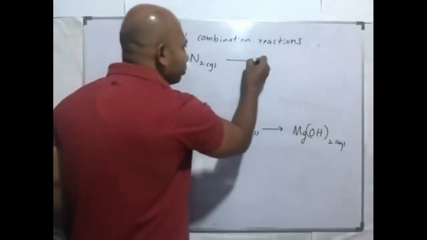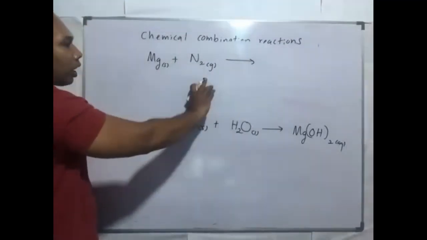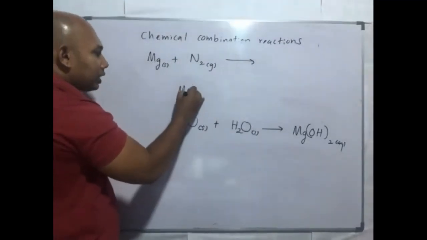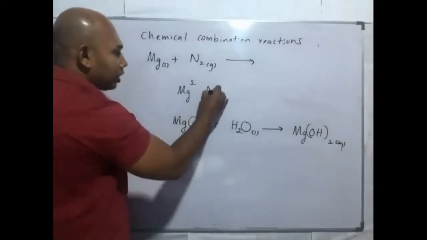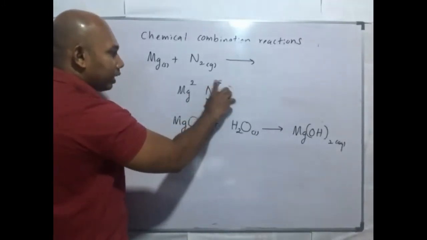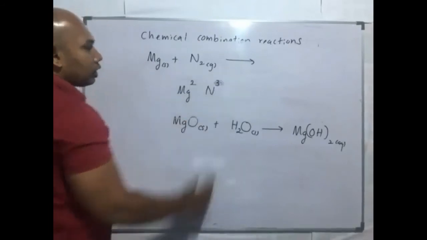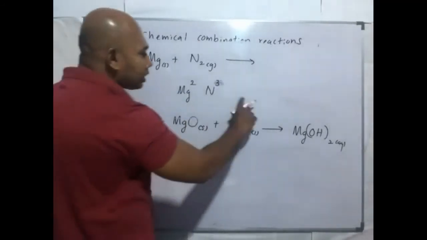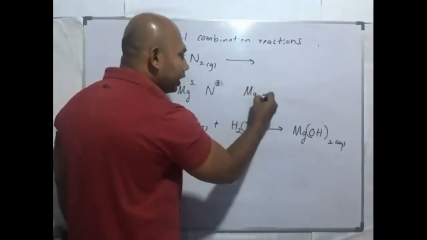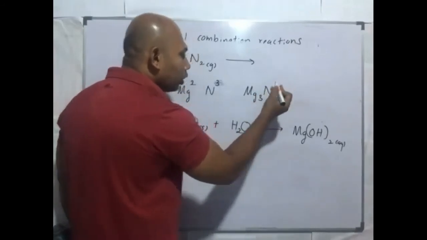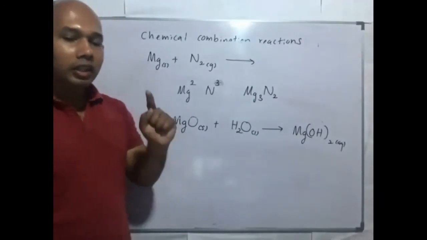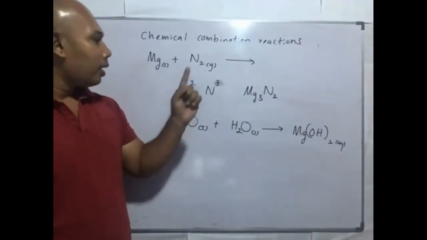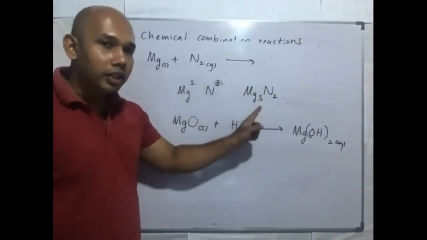Then it forms a product. Magnesium, what is the valency? Second group, valency 2. Nitrogen, fifth group, valency 3. So we have to exchange the valency. What is the formula? Mg3N2. Magnesium nitride.